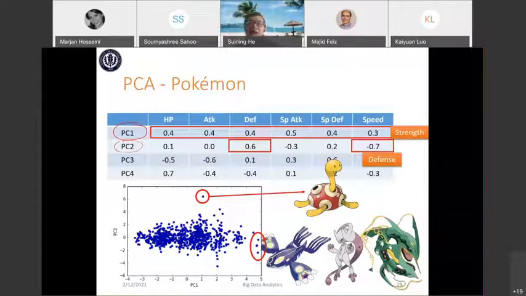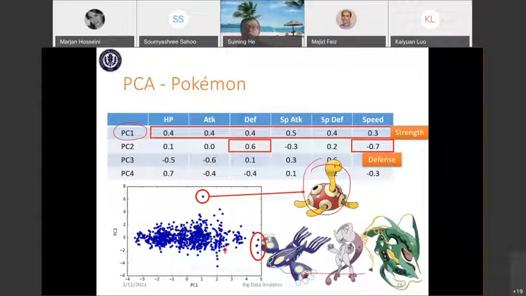So as an example, when we project the entire Pokemon data set into PC1 and PC2, the first 2 principal components, some Pokemons, like this one, have very high power in terms of defense, but pretty low power in terms of speed. And some other Pokemons, these 3, are usually considered very good at attack power.